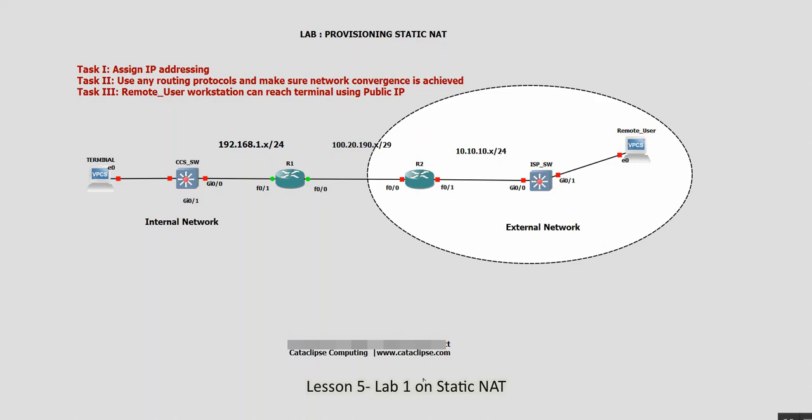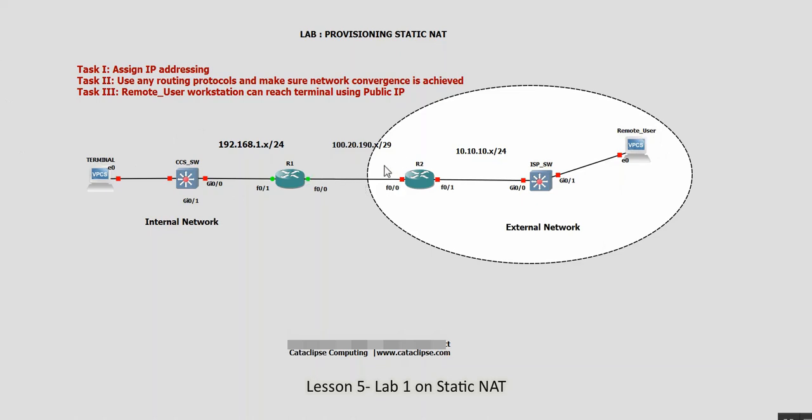The other part is the switches on each side of the network, as always, and my terminal is going to be this one, which is the focus of our scenario. This one has an internal IP address, whereas the user is a remote user connected to an ISP, and that person will reach this terminal using a public IP instead of an internal IP.